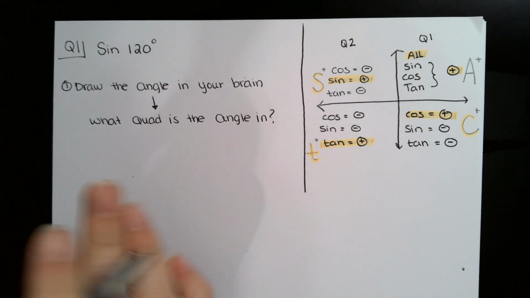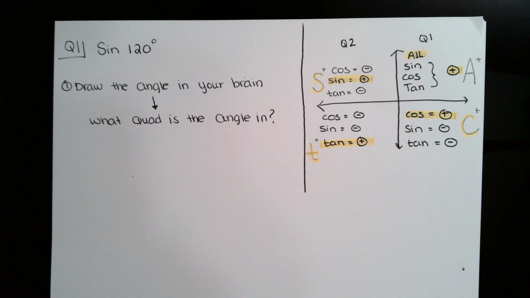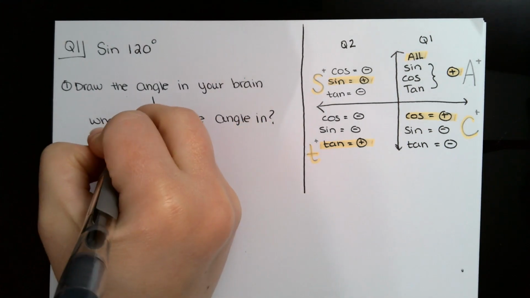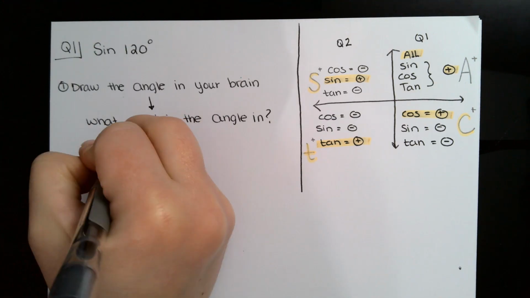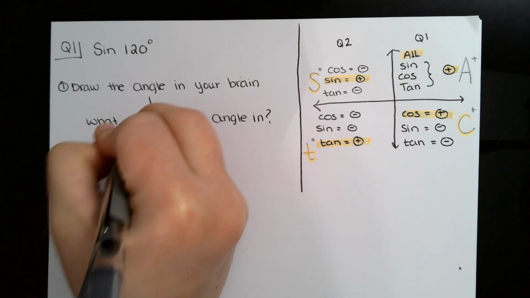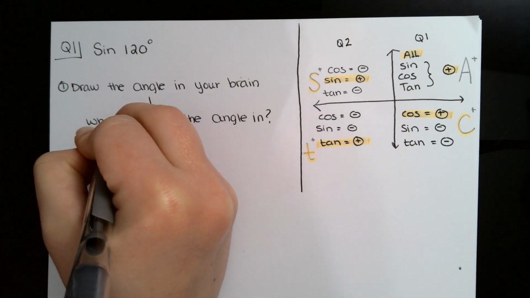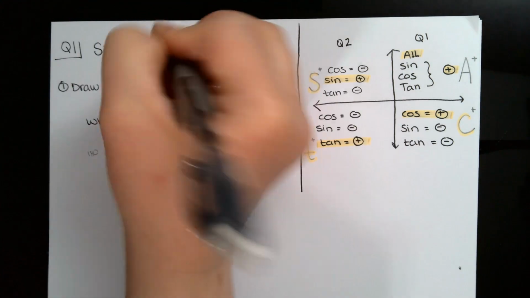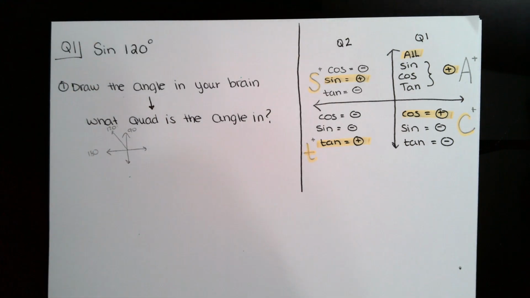So when we're looking at this, we're going to ask ourselves a question. What quadrant is this in? You can do this in your brain. Okay, here's 90 degrees. Here's 180. So here's 120. So this is in quadrant 2.